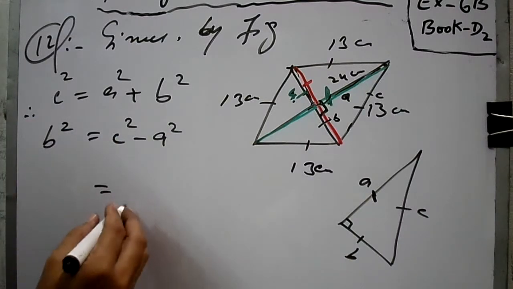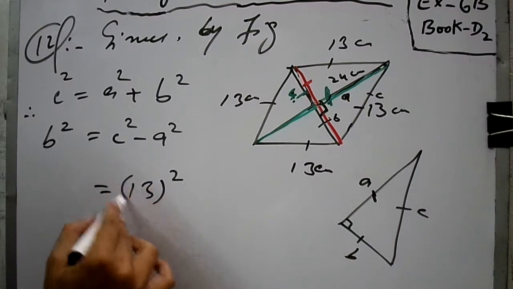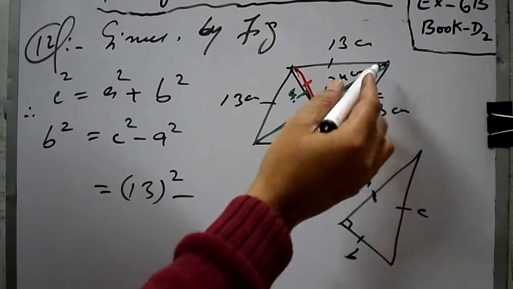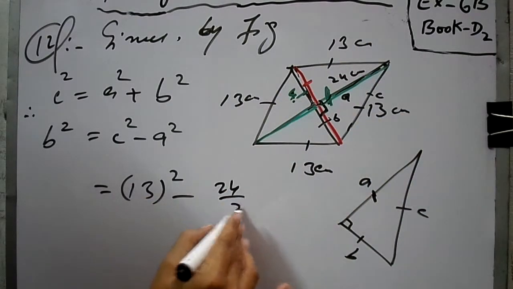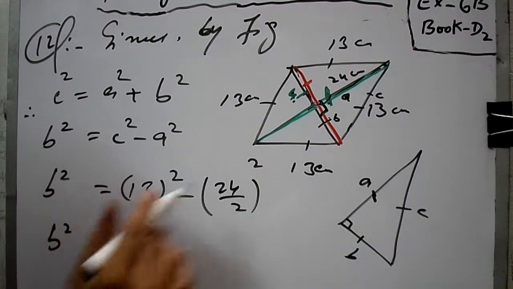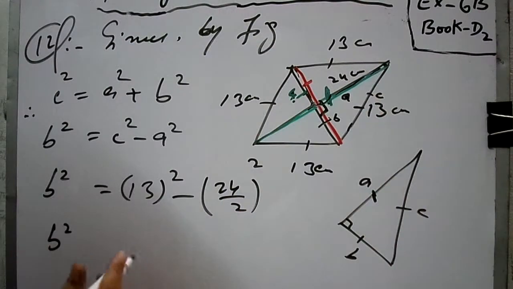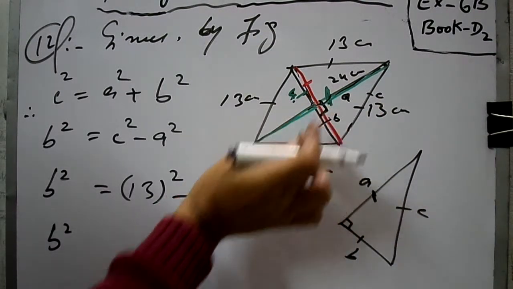Putting the values, the value of c is 13 square, and the value of a is 24 divided by 2, because you need only this side. You have to find this red color portion, that is b.